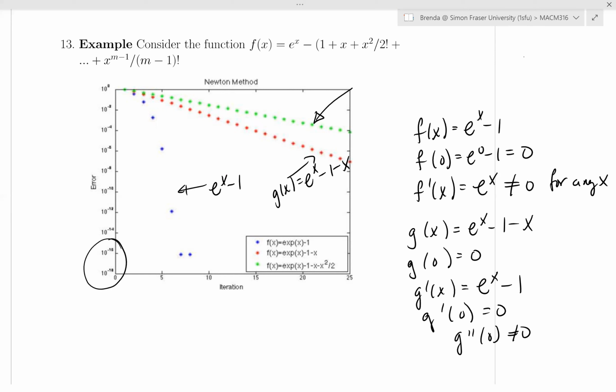So this function here is e to the x minus 1 minus x minus x squared over 2. That one has a 0 of multiplicity 3. Multiplicity of the 0 at 0 is 3, and it converges even more slowly. Okay, that's the whole message here. It matters what the value of the derivative is at the root.